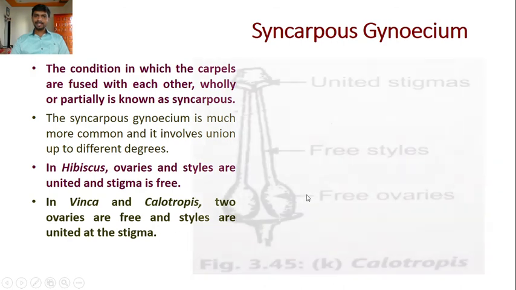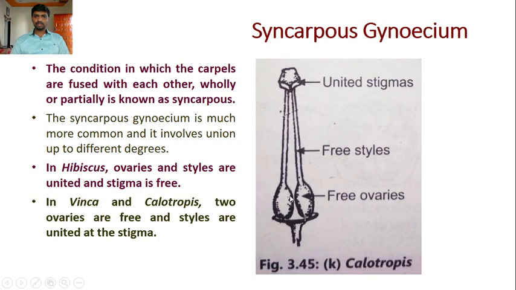These are the ovaries, which are free, and the style is also free, but they are united at the stigma. This is something different found in Vinca and Calotropis. But in hibiscus, ovary and styles are united and the stigma is free. While in Vinca and Calotropis, the bicarpellary ovaries are free and styles are united at the stigma. So this is about the syncarpous gynoecium.